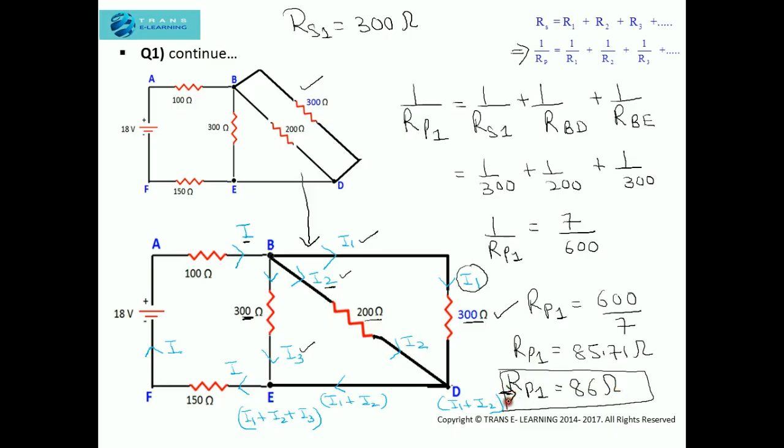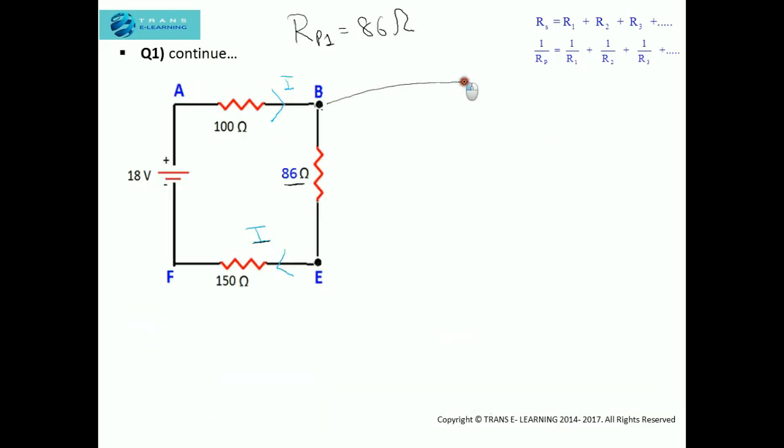This equivalent resistance is of this whole part of the circuit. Now after this, let's see how the circuit will look and what we are going to do further. You can see here that the circuit which was here is gone now, because we have the equivalent resistance of those three resistors in parallel as 86 ohm. Now if we start from here, the current I will flow through this 100 ohm resistor.